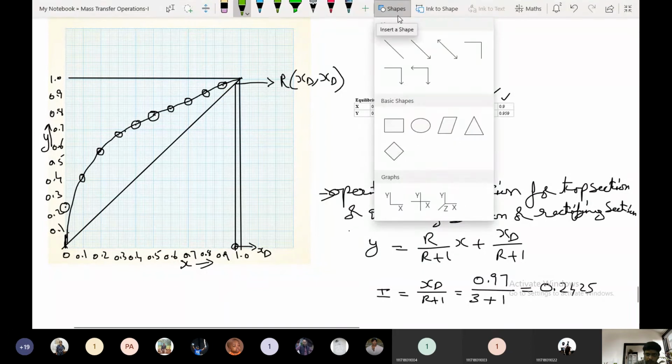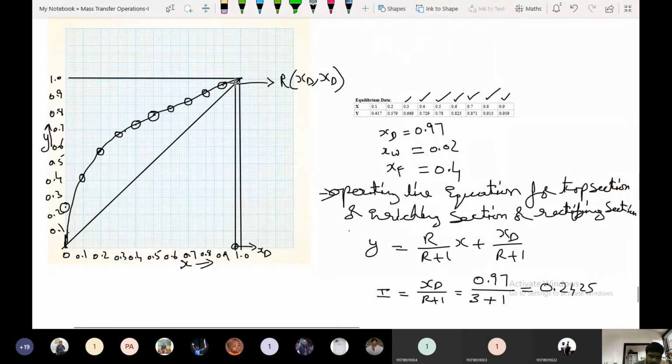Doing it on physical paper will be very easy. Just try it yourself. You have to connect that point to this point.